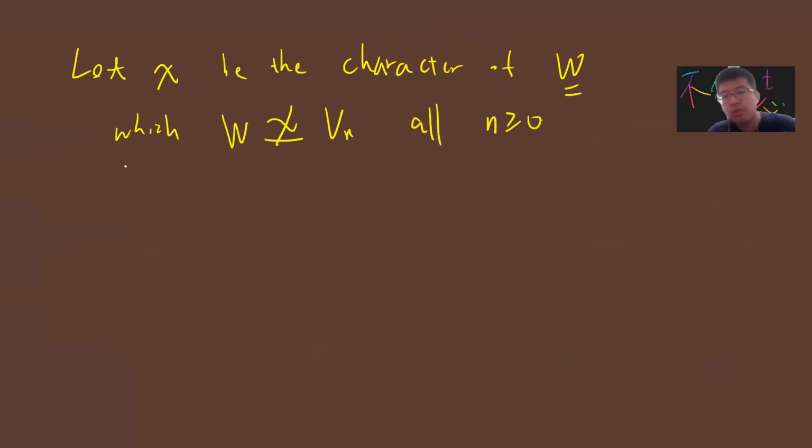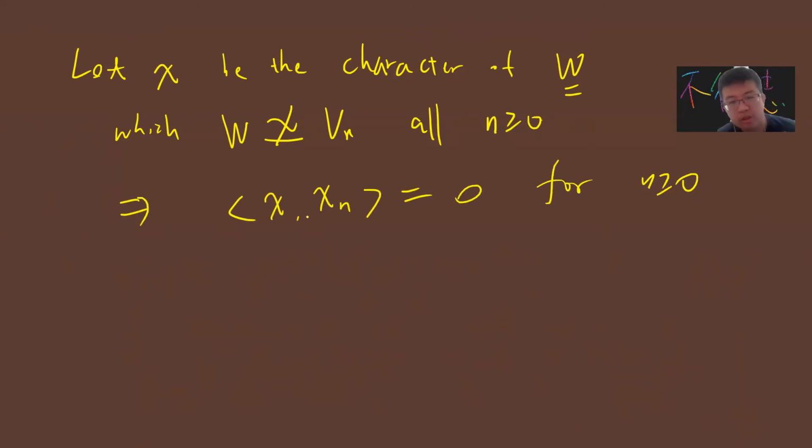Then by the orthogonality relation, chi should be orthogonal to every character chi_n. So the inner product of chi and chi_n equals 0 for every n greater than or equal to 0, because chi is the character of an irreducible representation, and chi should be orthogonal to every character.